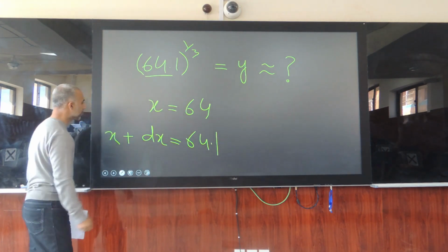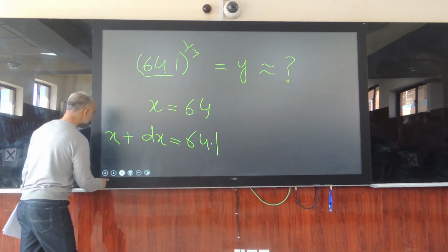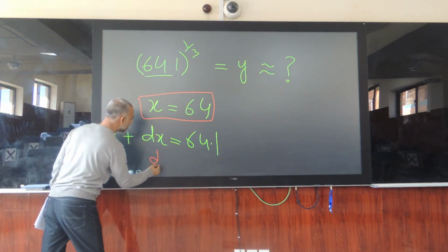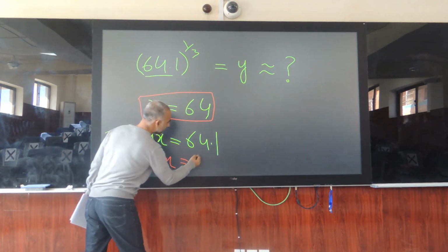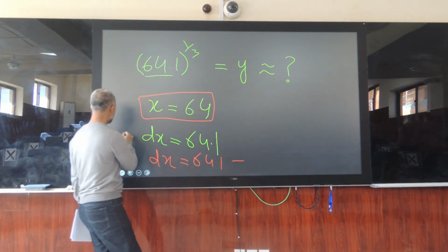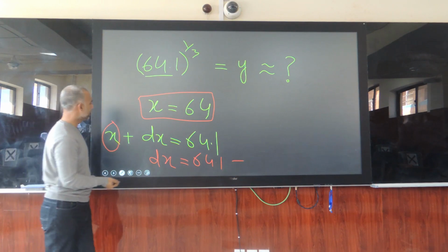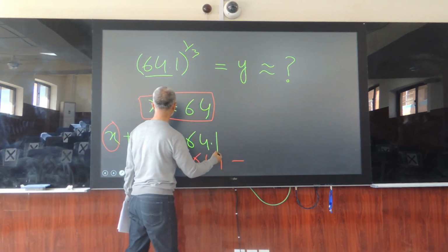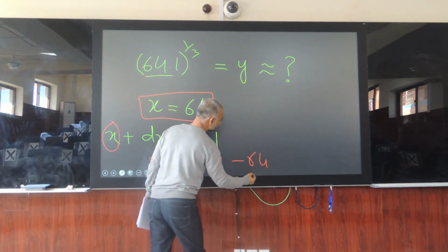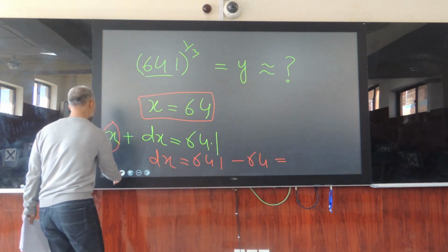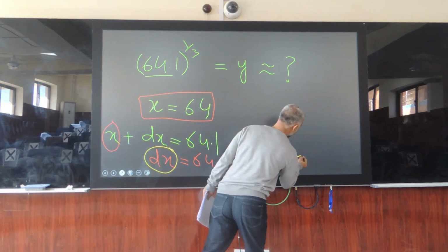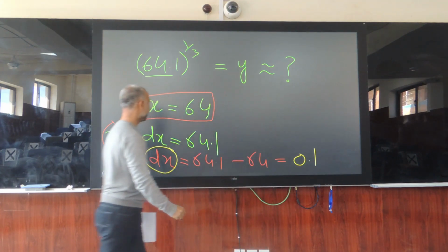If we assume x equal to 64, then dx will become 64.1 minus this; x goes to the right-hand side, the sign changes, or it cancels out. So we will have 64, and the small increment dx will be 0.1.